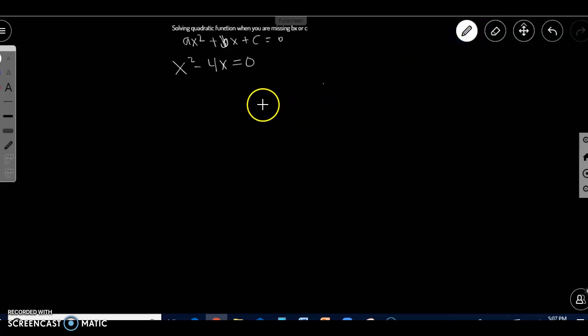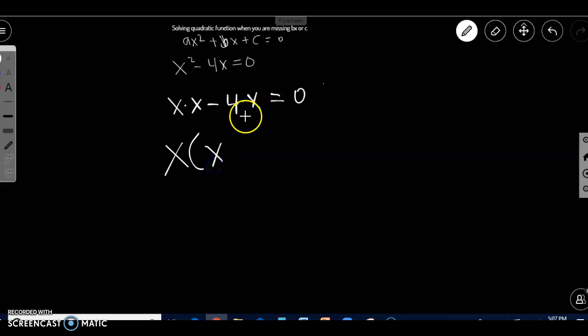Okay, so we are using the factoring method, so we can look at this and look for the common number or the common variable. Here we see that there's x in both terms, x times x minus 4 times x equals 0. So we can take one x out. Since it was x squared, we took one out, one is left.